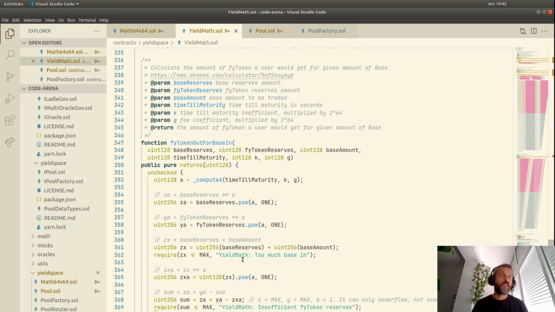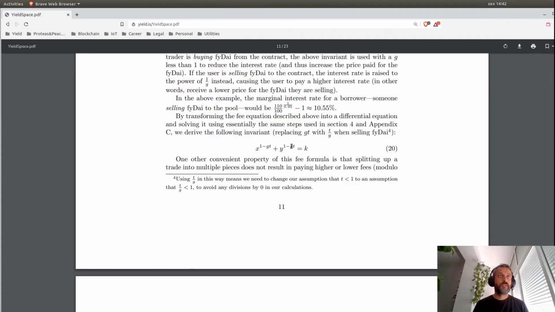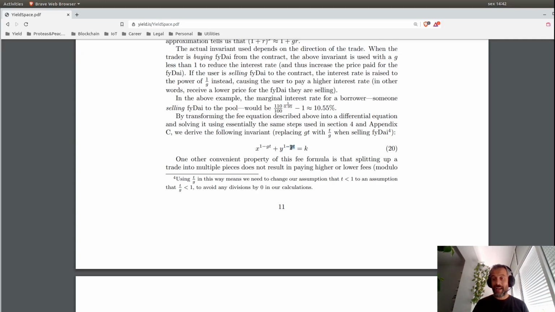The significant fee comes from G. G is a parameter that appears in the white paper here, which is the fee that is applied. The fee is multiplied by time, so you get higher and higher fees when you are farther from maturity, and the fees decrease as you approach maturity.